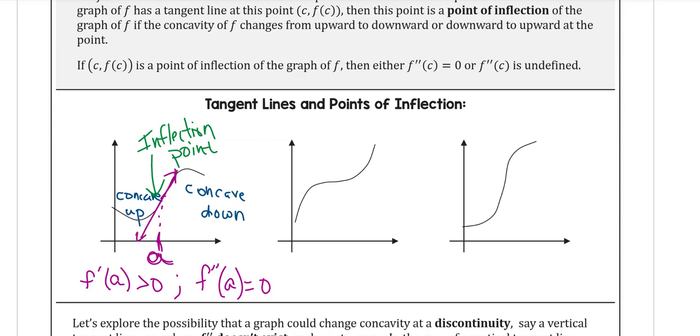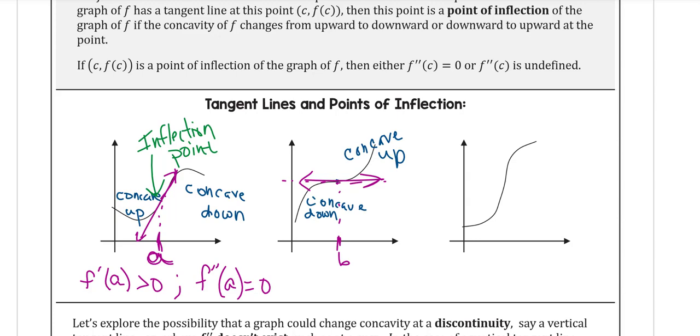Okay, so we have that example. The next one, we have an area again, starting out concave down, and then it switches over to concave up, and that change happens right there. At this point, we'll call it point b, we actually have a horizontal tangent line.